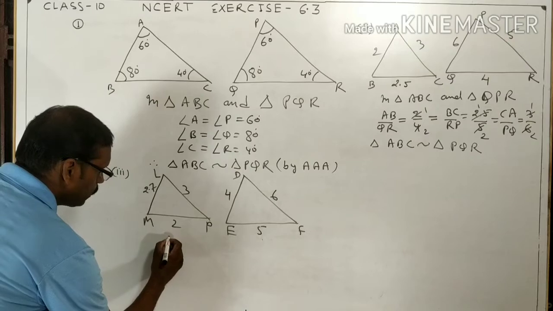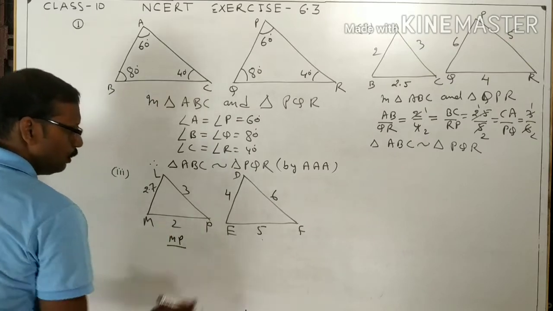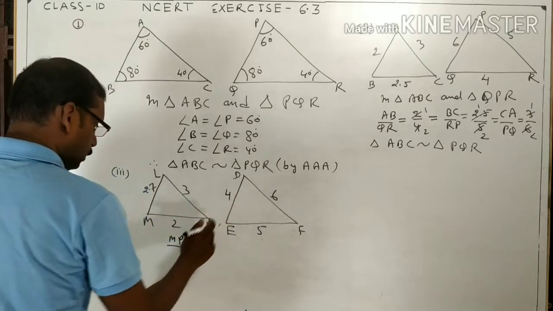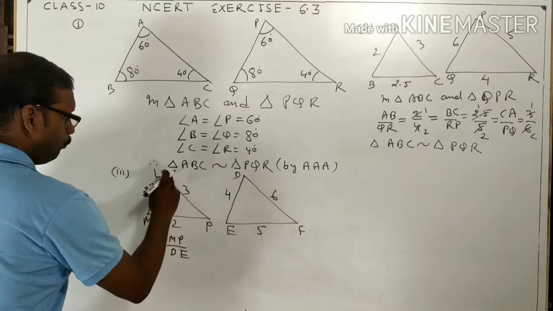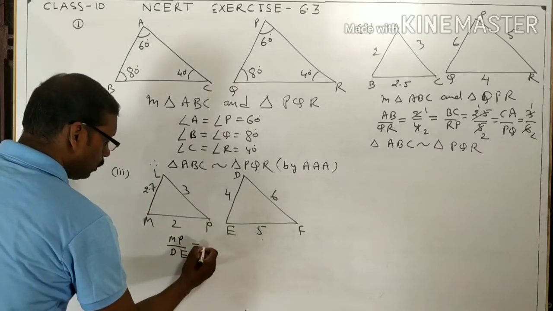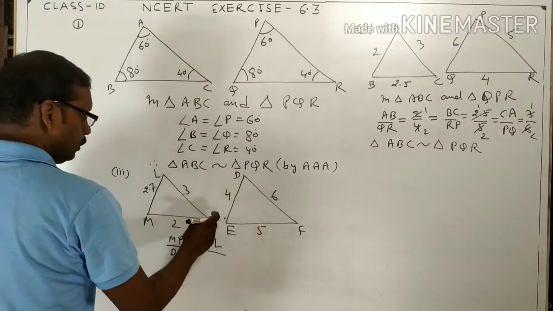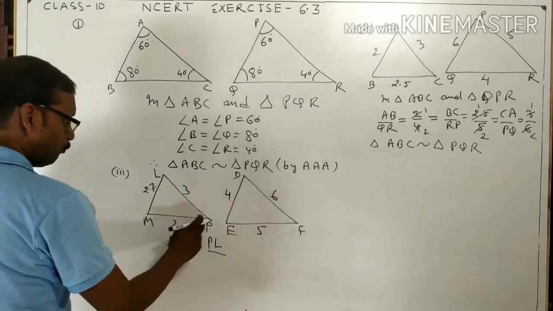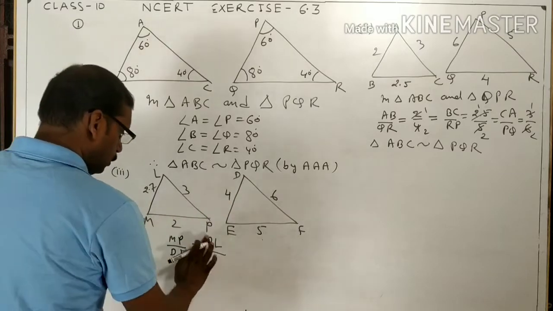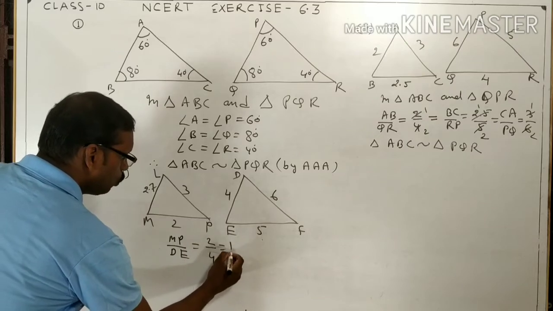So we say that MP by DE equals 2 by 4, equal to 1 by 2.